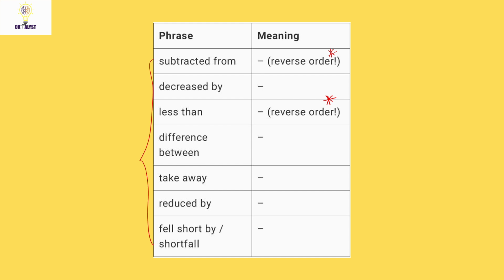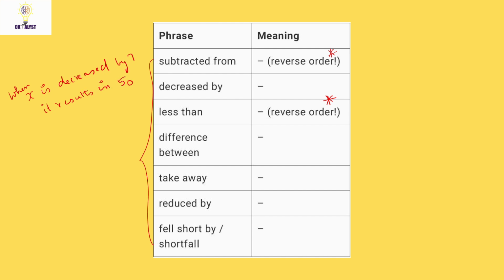What do I mean by reverse order? Let's take an example. If I say x is decreased by 7, when x is decreased by 7, it results in 50.